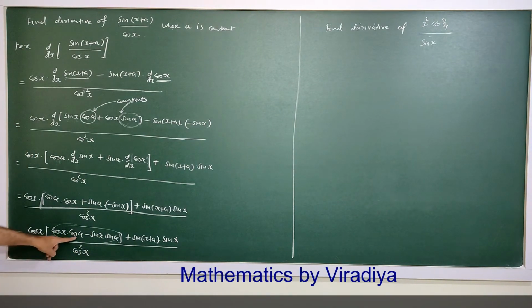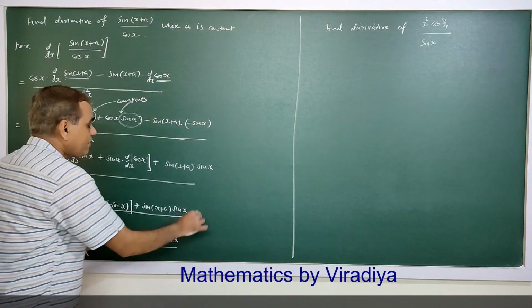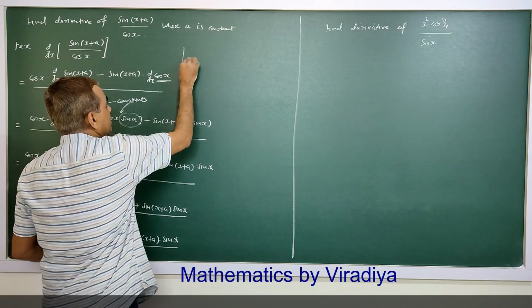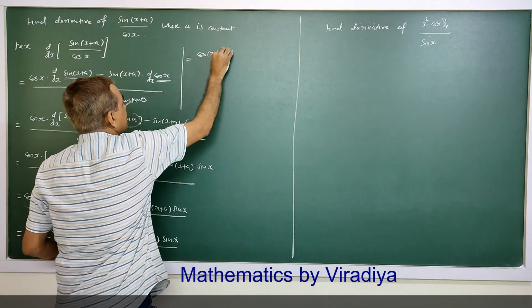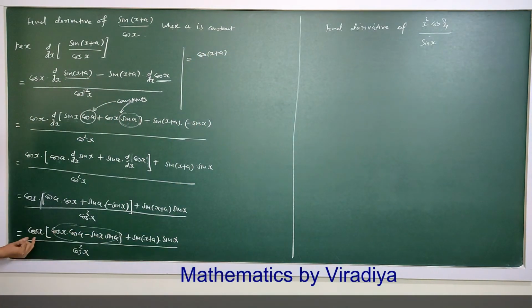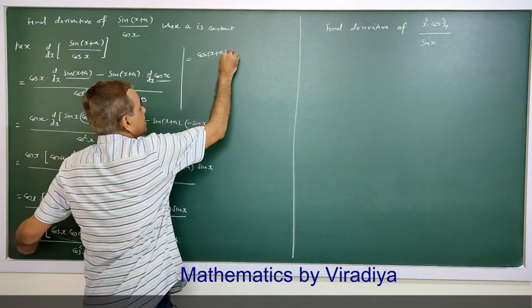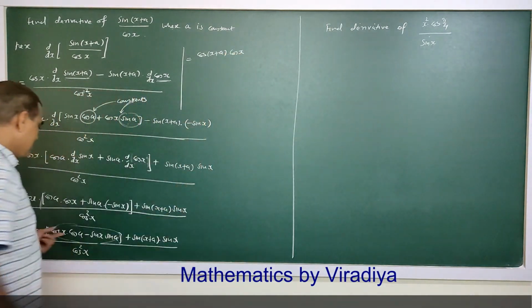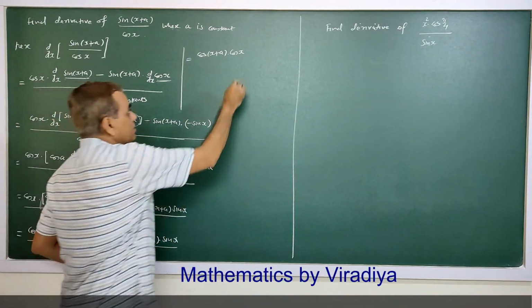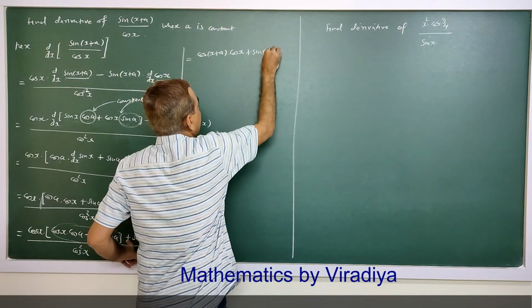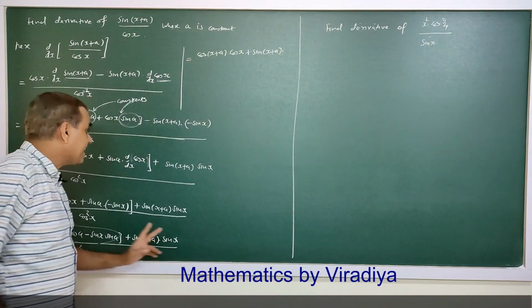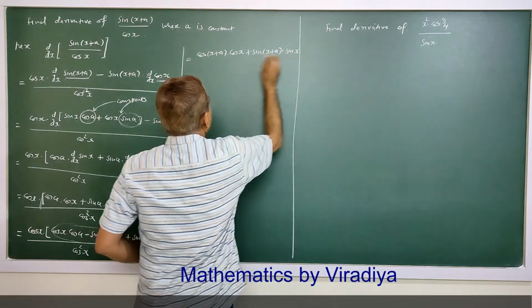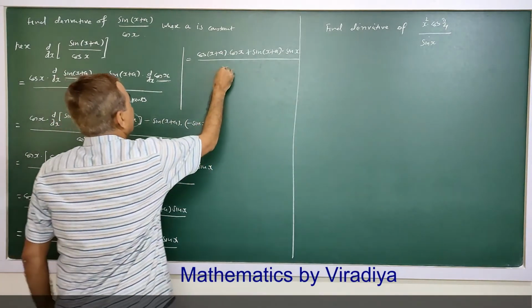This is cos alpha cos beta minus sin alpha sin beta, cos of alpha plus beta. This is cos of x plus a. This is cos of x plus a into cos x plus sin of x plus a into sin x upon cos square x.